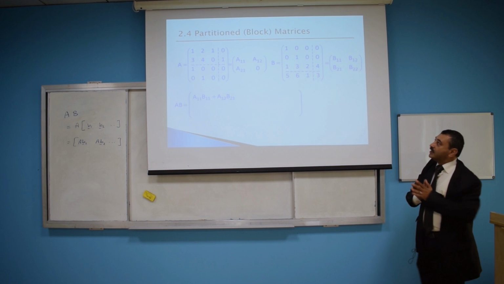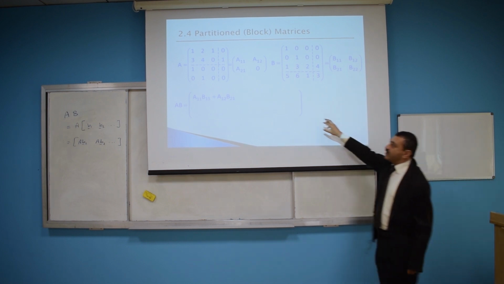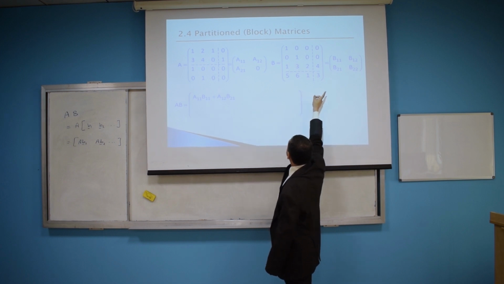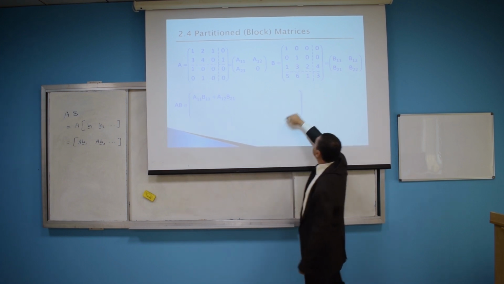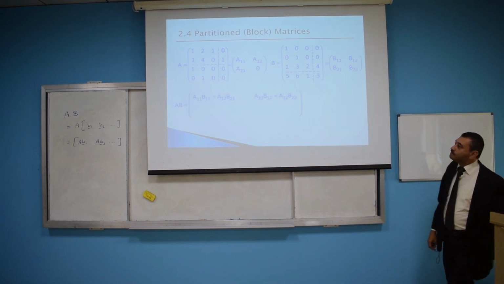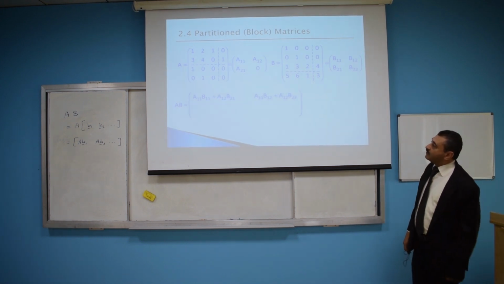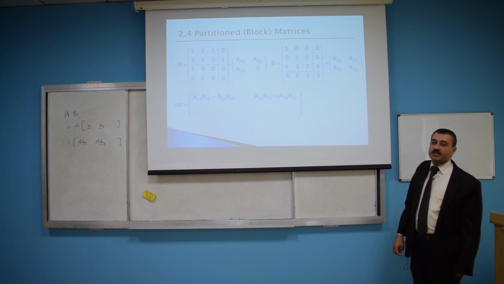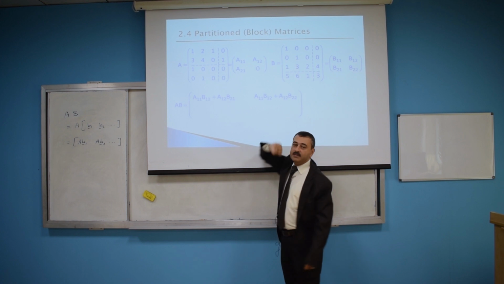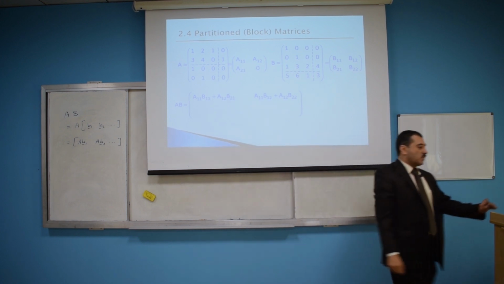Okay? Let's write the second block here. It would be A11, B12 plus A12, B22. Right? Again, if you check the dimensions, you will find that the product valid and the sum valid, and so on.